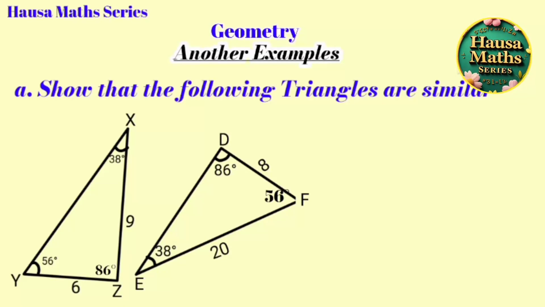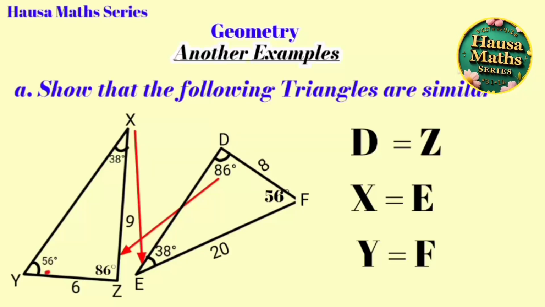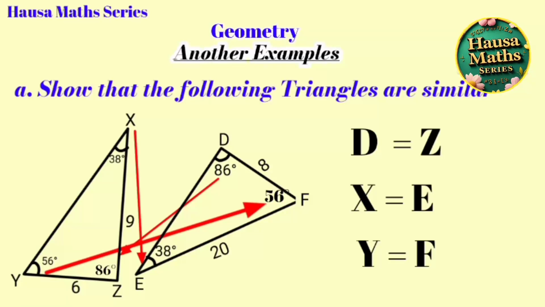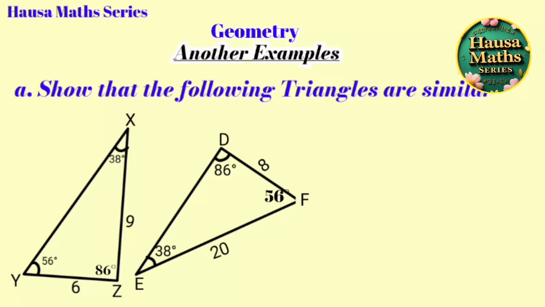Therefore by this we conclude angle D is exactly angle Z, angle X is equal to angle E, and angle Y is equal to angle F. Therefore they are similar. These are corresponding angles, meaning they have the same value.